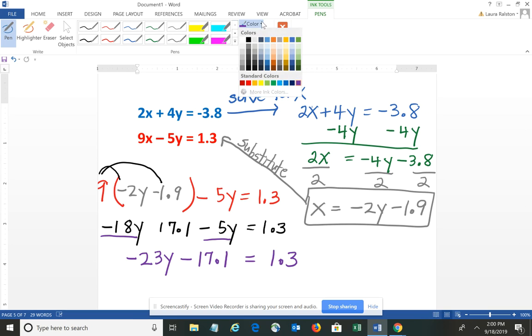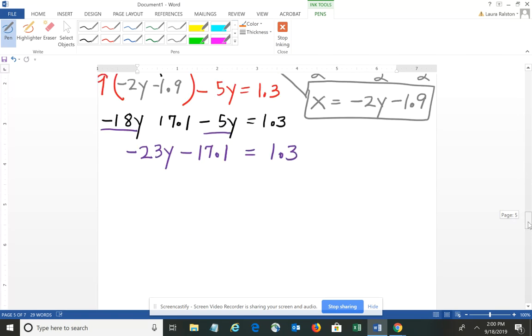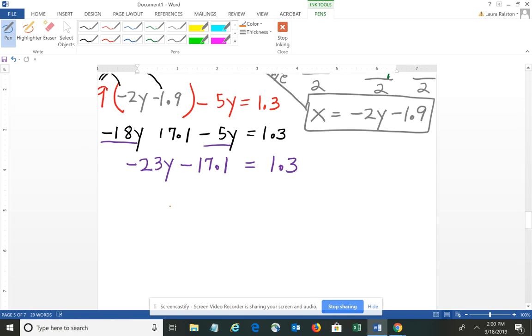I then need to add 17.1 to either side. So I have negative 23y equals 18.4.